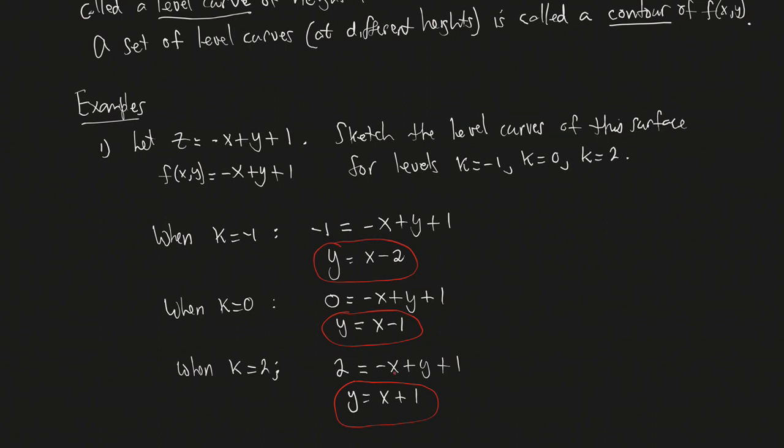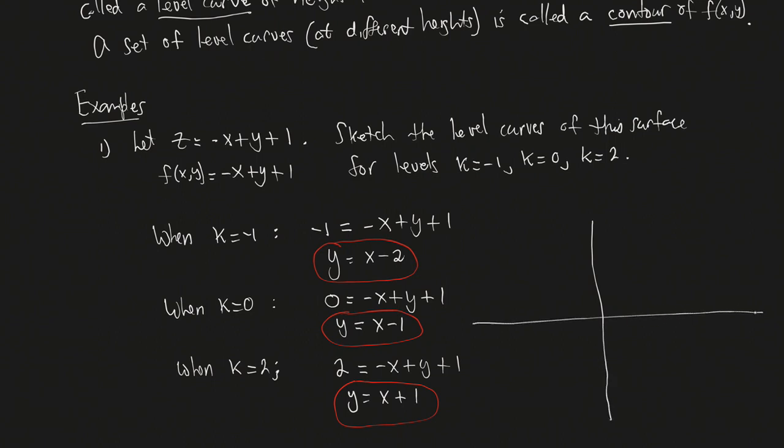These are all linear equations, and they all represent lines. What's interesting about these lines is that they're all parallel because they have slope 1, but the y-intercepts are all different.